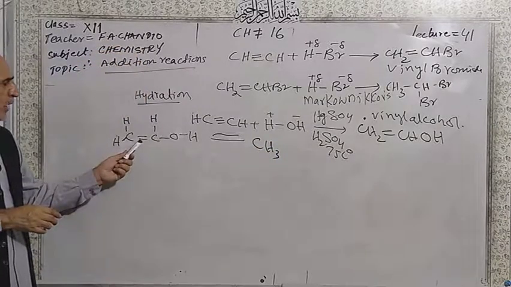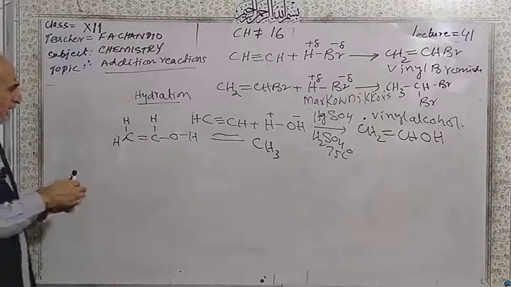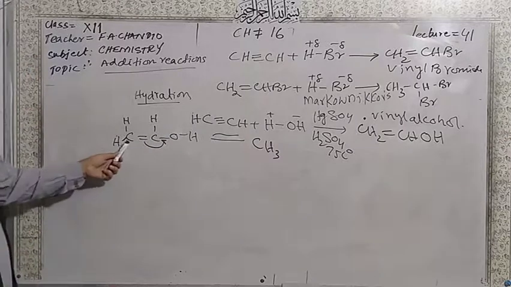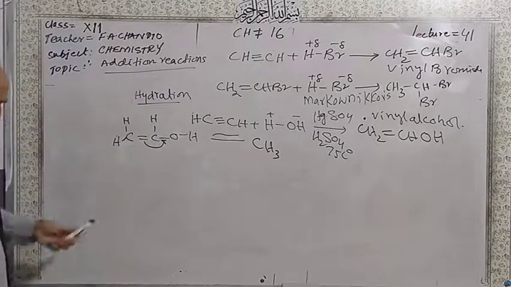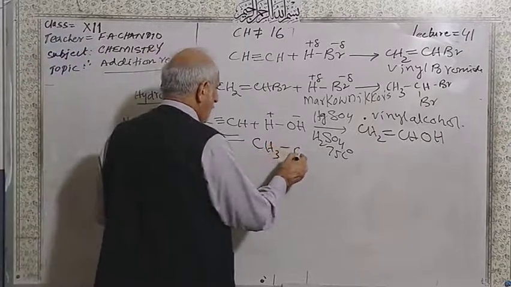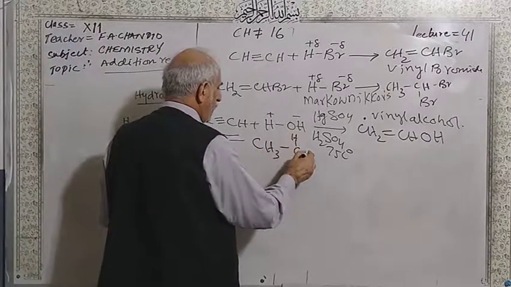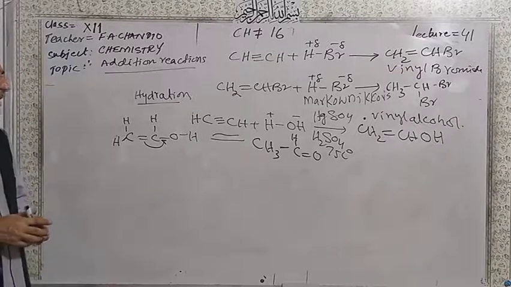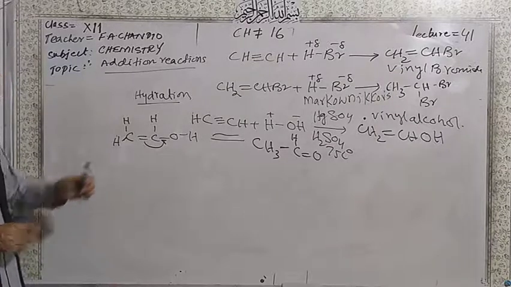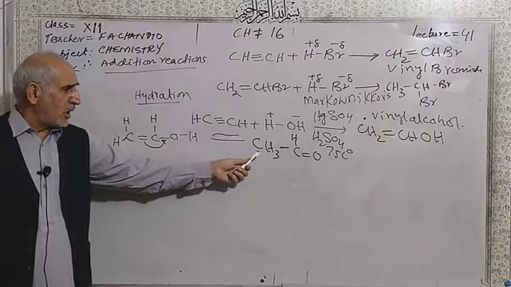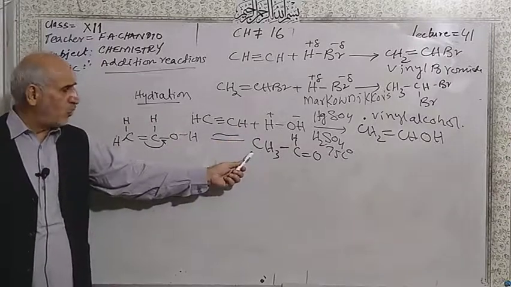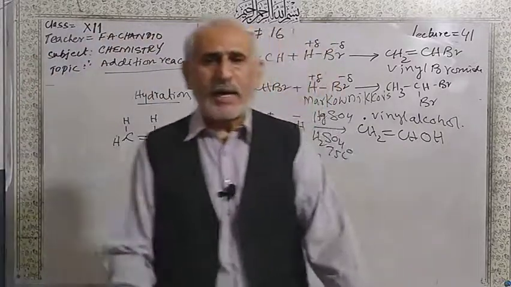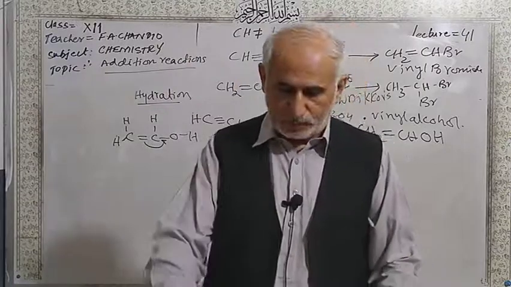The double bond is removed and this hydrogen is gone, and the double bond is shifted between carbon and oxygen. You will get a functional group which is an aldehyde. So from the alkyne through vinyl alcohol, we have acetaldehyde.